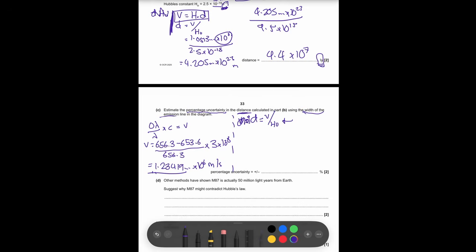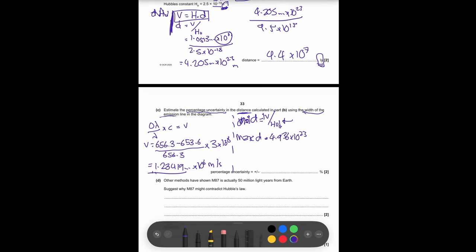Well, if I want my biggest D, I'd have to take my biggest V and my smallest H naught. But in this case, they're just giving me one value of H naught, so I'm just going to use the one they've given me. And now I know that the maximum D is going to be, I'll put it in the calculator, 4.936 times 10 to the 23. Okay, so now I've got my maximum D.